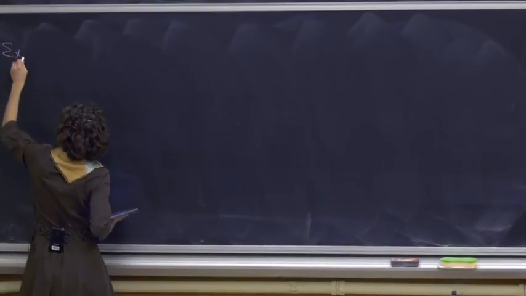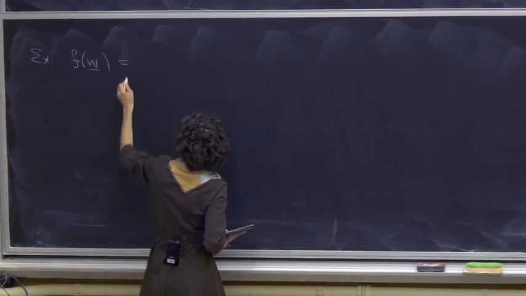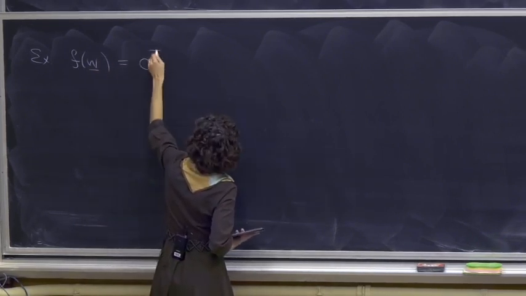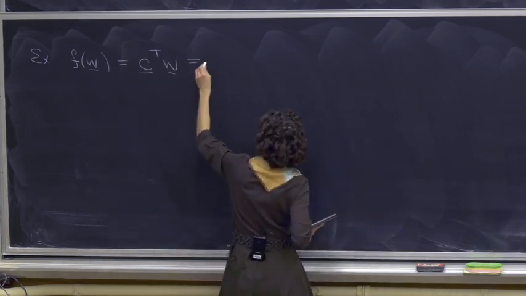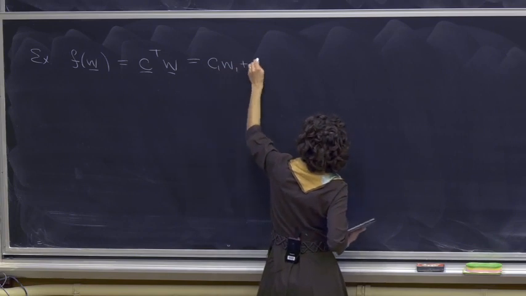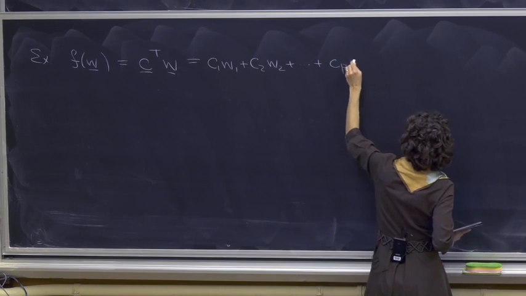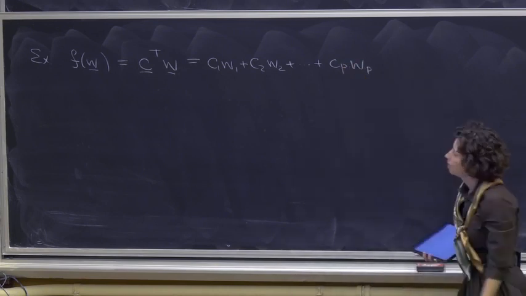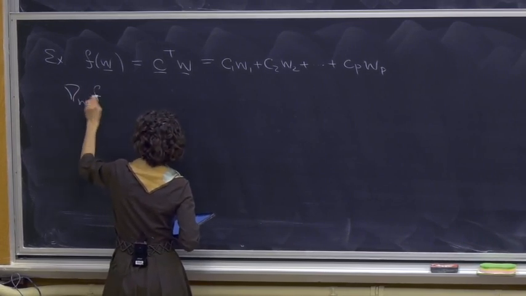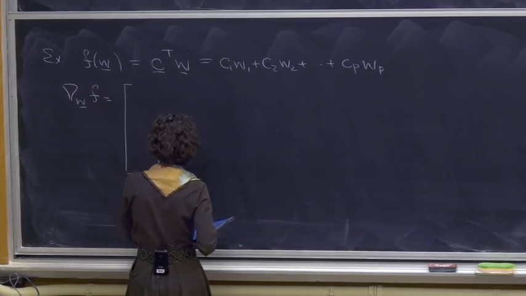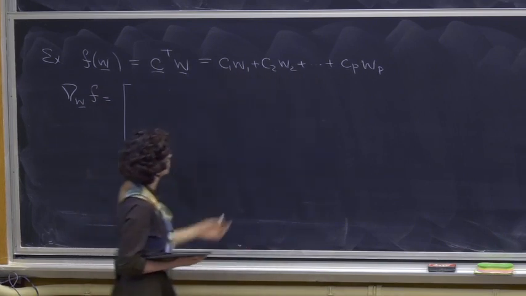Okay, so let's say, for example, that my function f(w) is equal to some vector c inner product with w. So remember, this is just c1 w1, c2 w2, all the way to cp wp. And now I want to compute the gradient of this function with respect to w. So first thing I do is I say, well, what's the derivative of this function with respect to w1?